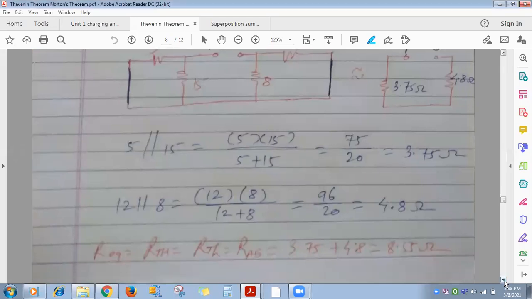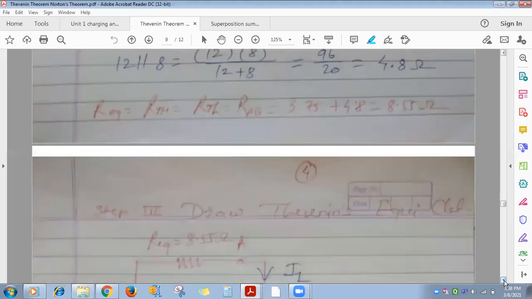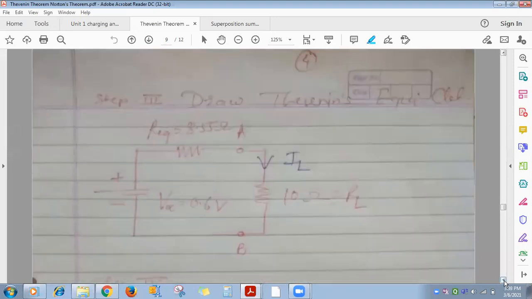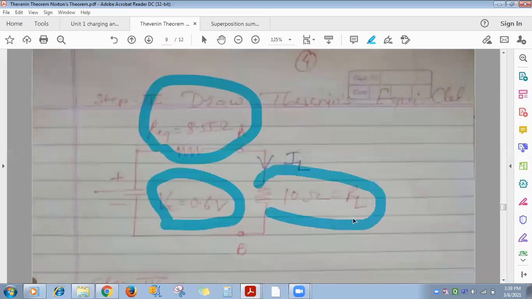Now what is the third step? Equivalent circuit. Draw Thevenin's equivalent circuit. So VTH in series with RTH in series with RL, or VOC in series with R equivalent in series with RL. VOC is 0.6, R equivalent is 8.55, RL is already given as 10 ohm.